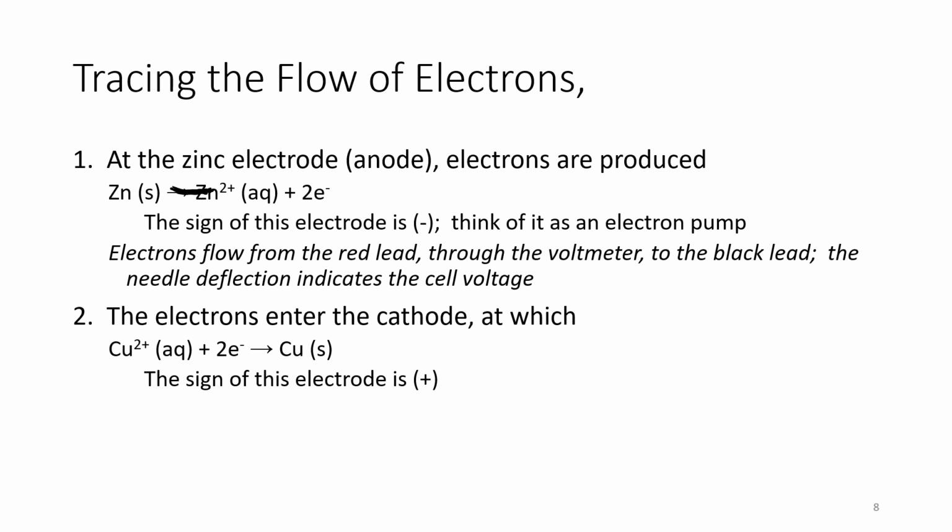And at the same time when that happens, it is producing 2 electrons. So we're producing 2 electrons. Note, electrons as products.